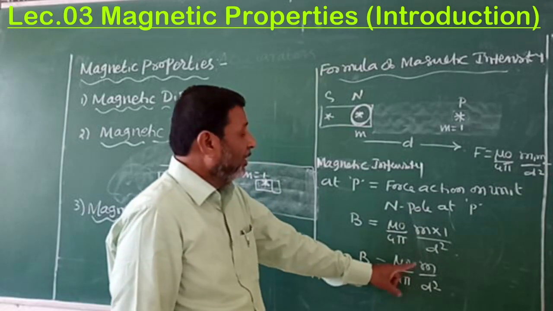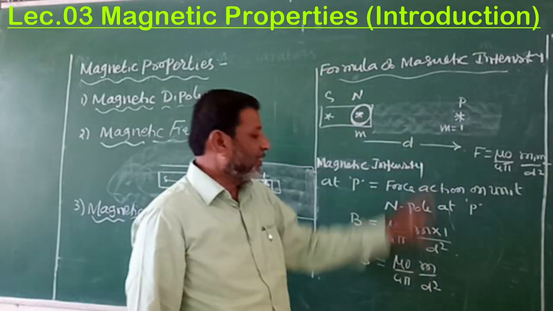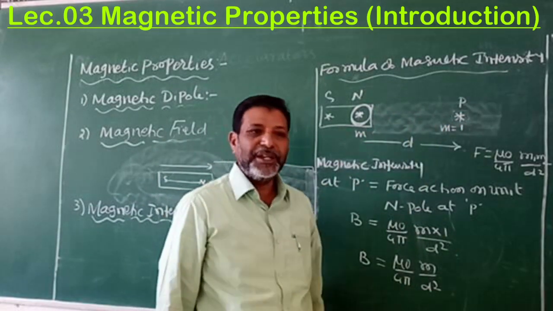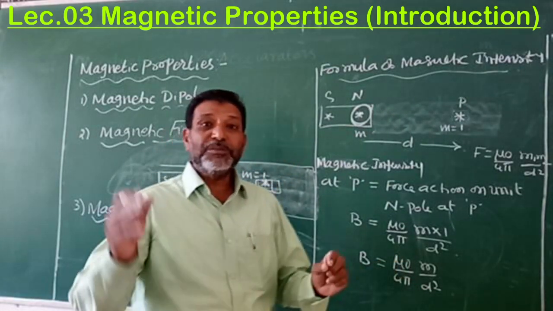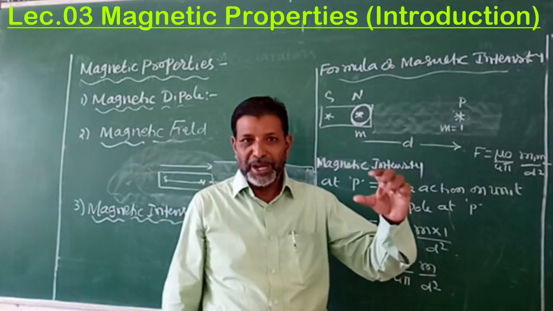Now, what is this m? M is nothing but the pole strength of this pole, and this d is the distance of the point from this magnetic pole. With the help of this formula, you can find how much magnetic intensity there is at any point due to a magnetic pole.